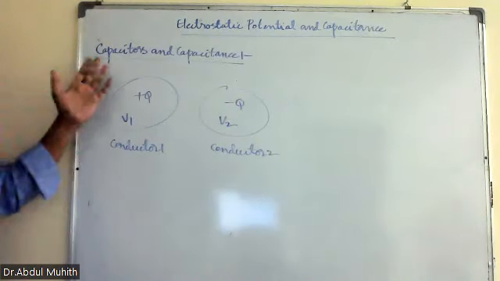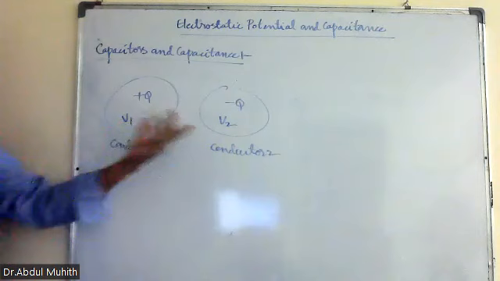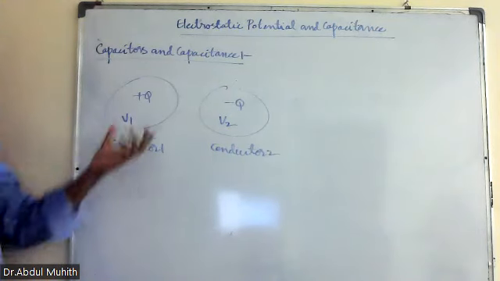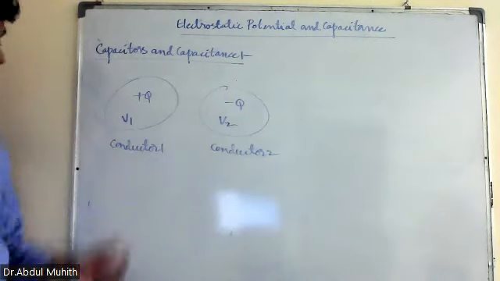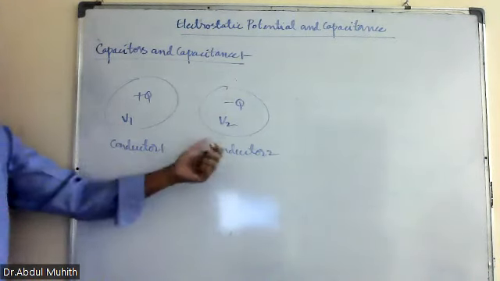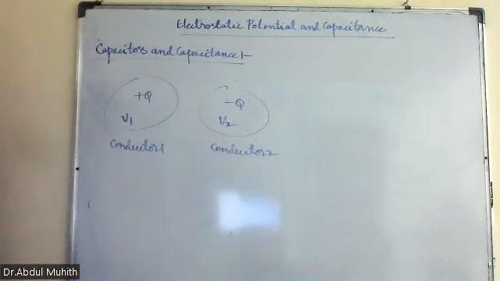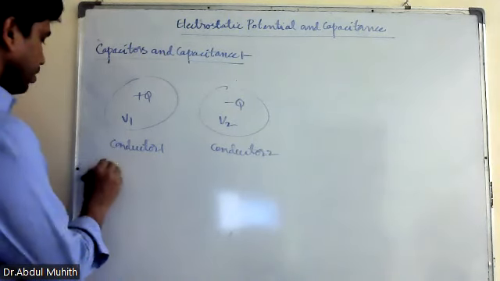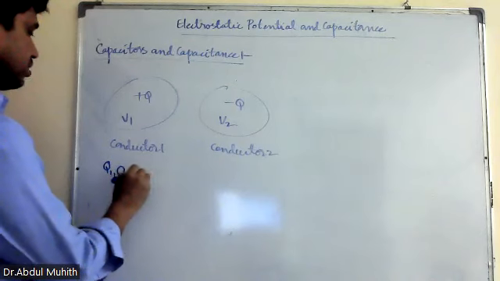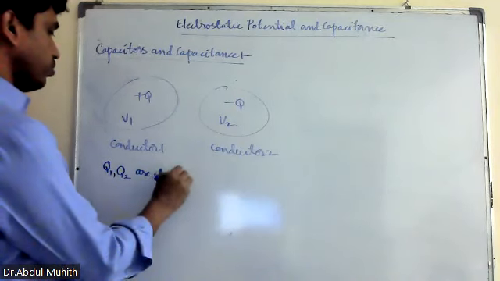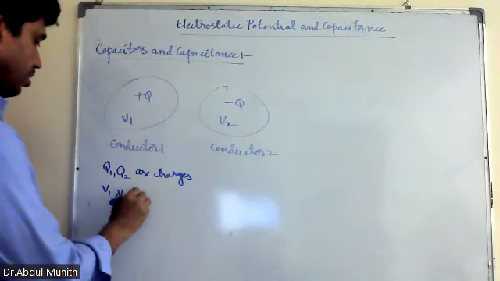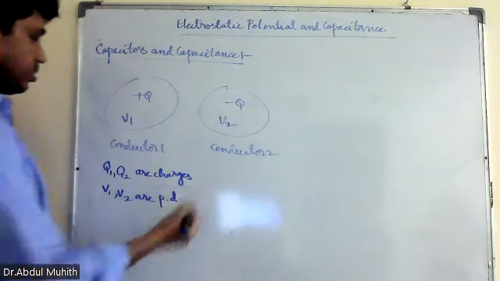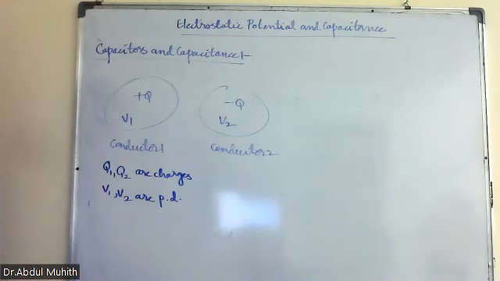So in capacitors and capacitance, there are two bodies, conductor 1 and conductor 2. One body has positive charge and the other has negative charge. The potential at this point is V1 and at this point is V2. Q1, Q2 are charges, and V1, V2 are potentials.